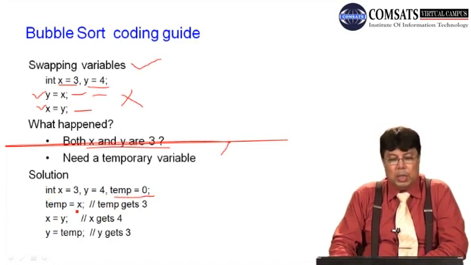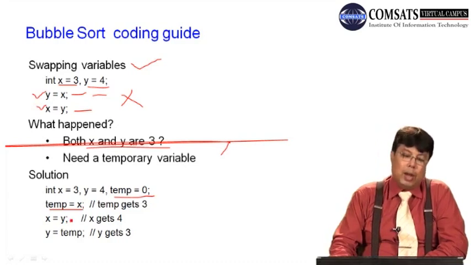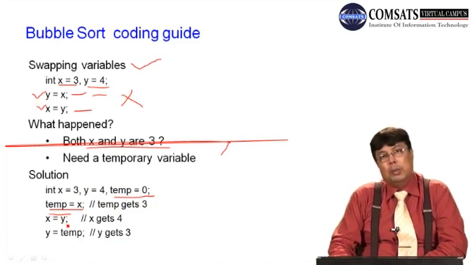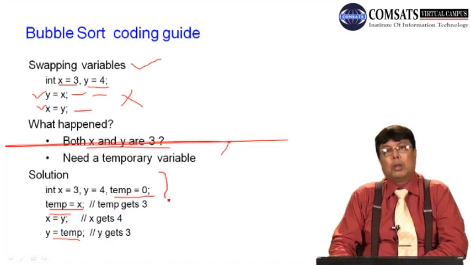So we put temp is equal to x. X के content जो हमने temp में डाल दिए. So what will happen? X is now logically empty. What we do is put the contents of y into x. Y के contents हमने x में डाल दिए. Now logically y is empty. So whatever we have placed in temp, we put the value of temp into y. So this is basically the swapping process.